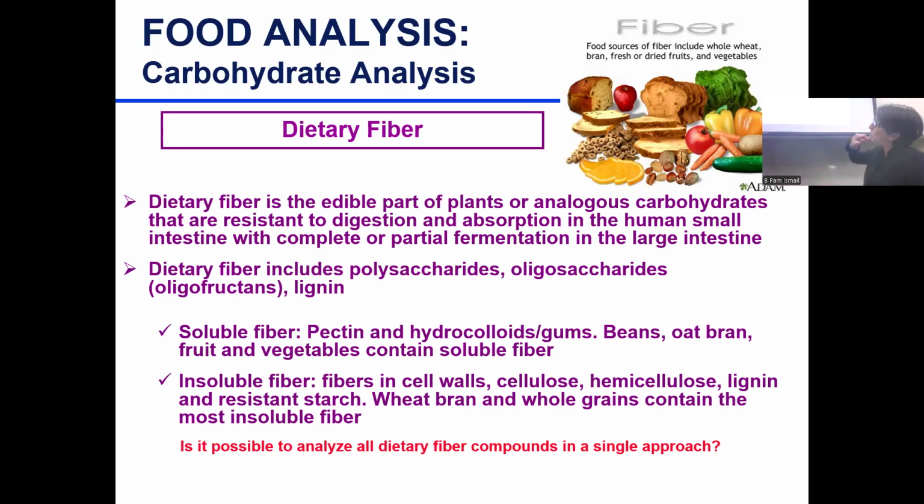Your most common soluble fiber is pectin, but there are other hydrocolloids and gums. And also in oats, what's the most prevalent soluble fiber in oats that you hear about with health benefits? If you eat oats, you get a lot of beta glucans. Have you heard of beta glucans?